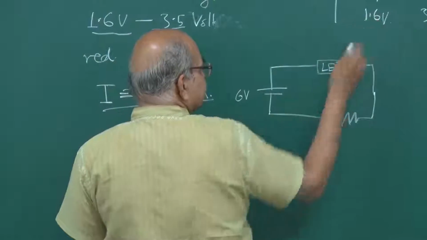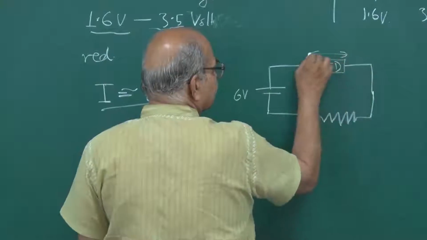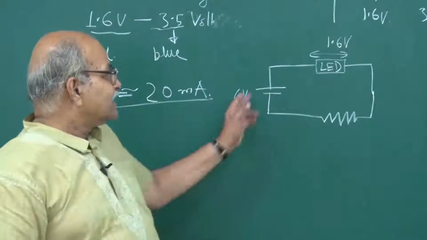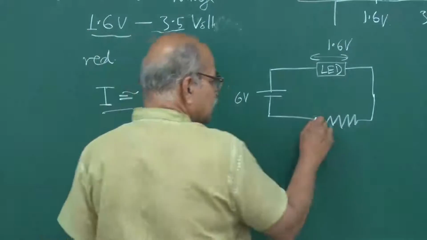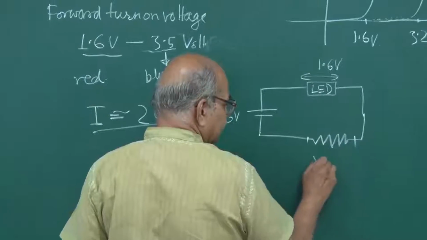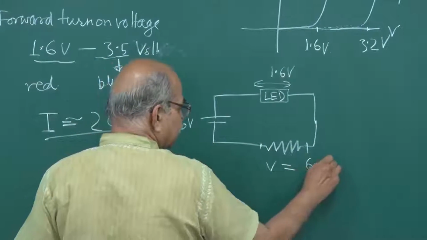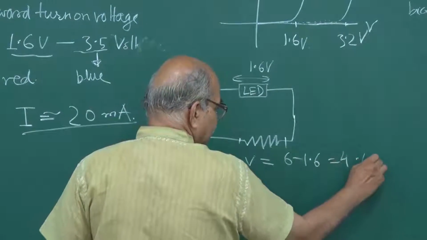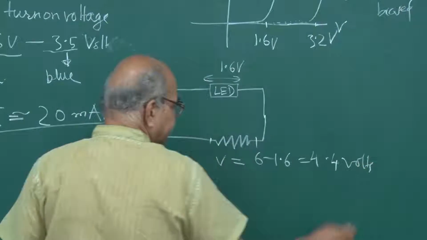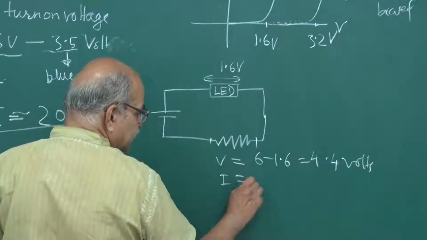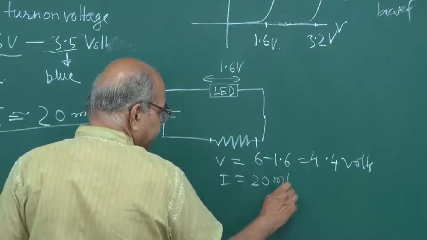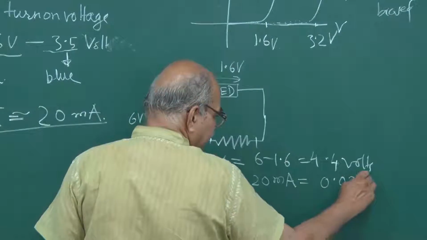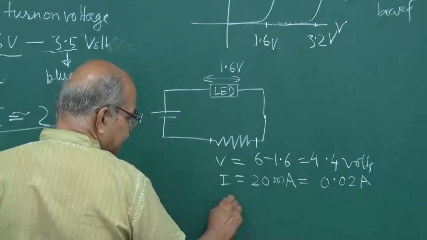Suppose this is a red LED, then the voltage drop here will be 1.6 volt or so. So the rest is coming across the resistance, and how much is this potential difference? It is 6 minus 1.6, that is 4.4 volts. And if you want I to be 20 milliamperes, that is 0.02 amperes, then what should the resistance be?